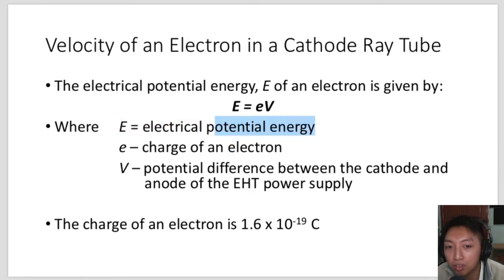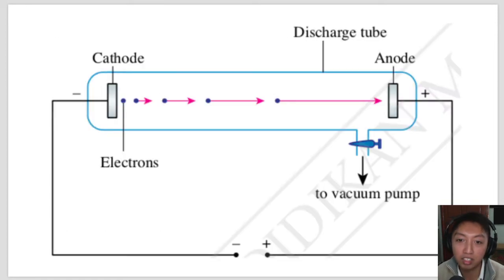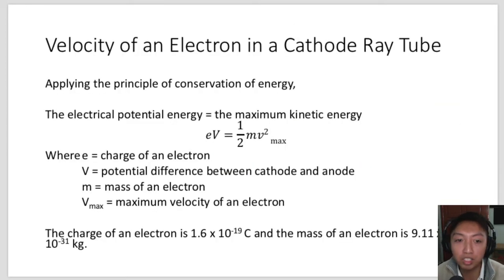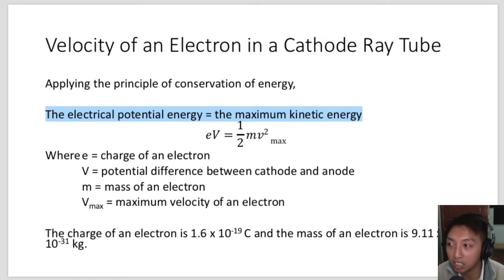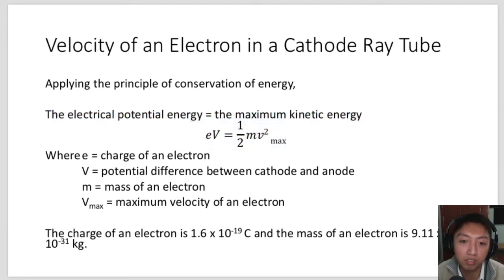So if you know how much electrical potential energy you have in the beginning, then you know how much kinetic energy you'll have at the end. That's why we are able to use this formula: the electrical potential energy in the beginning will end up equal to the maximum kinetic energy. So once you know how much the maximum kinetic energy is, you're able to calculate the maximum velocity.